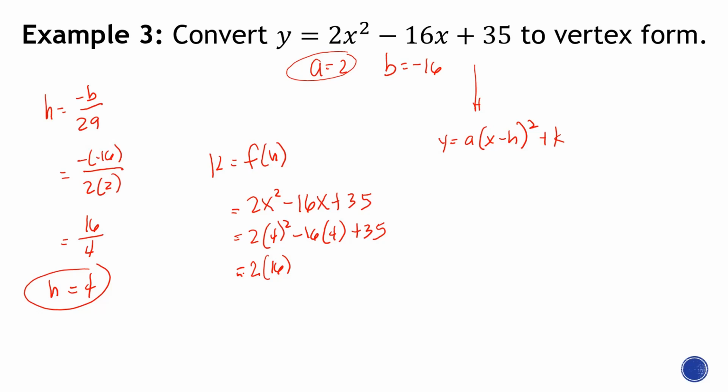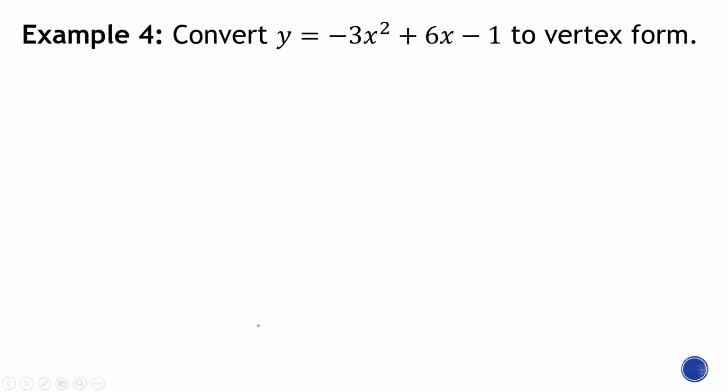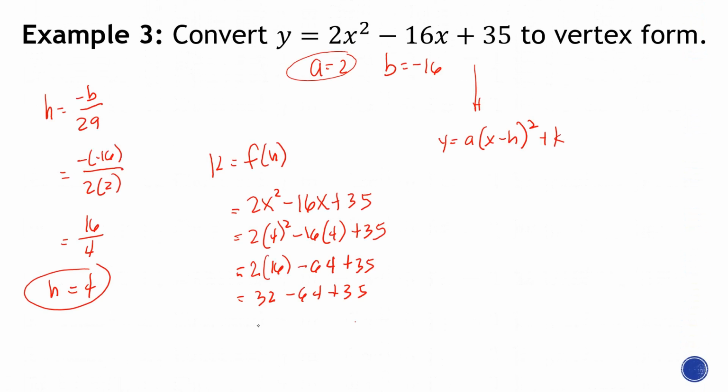No, you're not going to do that. You got to keep the numerical coefficient of that x squared, which is 2 there, and then solve for 4 squared first. So this is minus 64 plus 35. This is 32 minus 64 plus 35. I think it's better if we add first 32 and 35, and that will give us 67 minus 64, which is equal to 3.